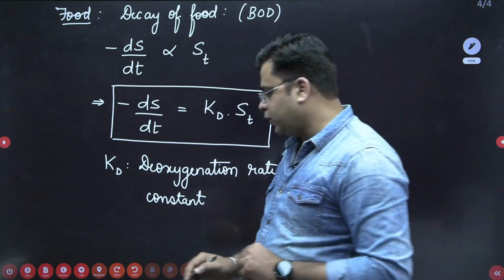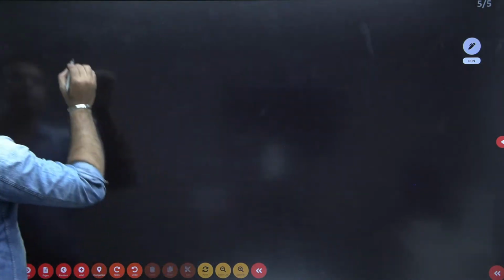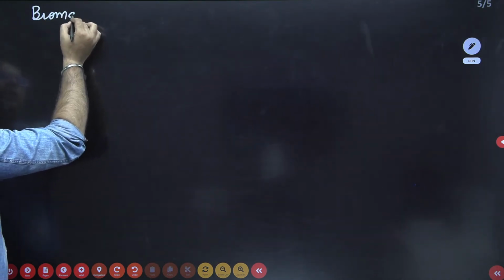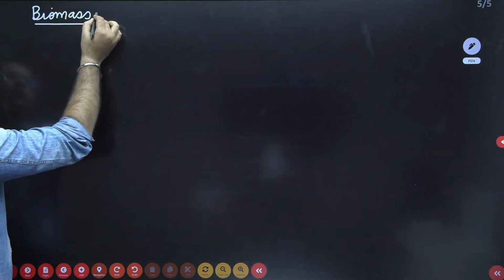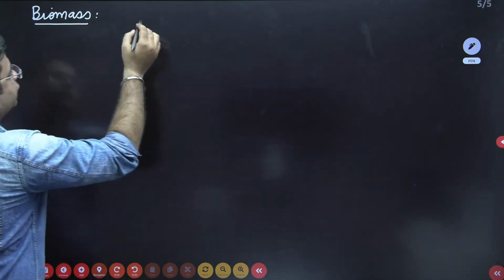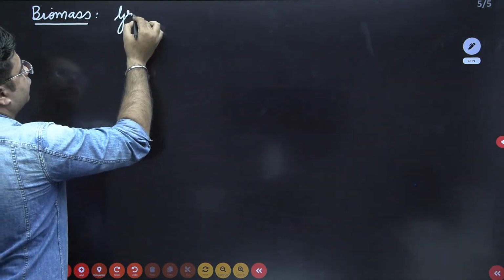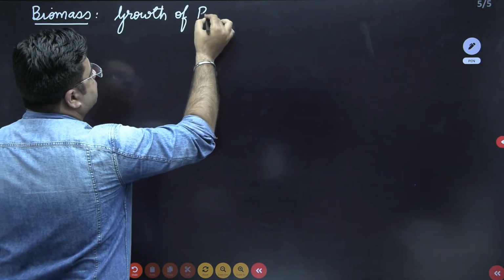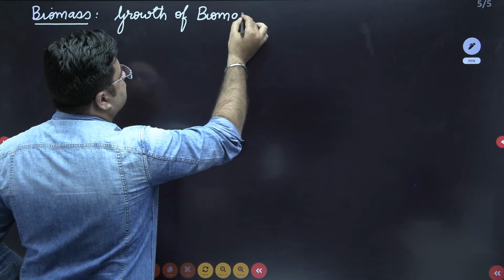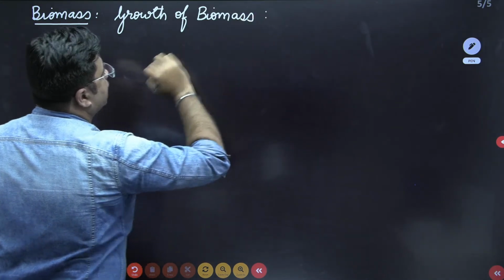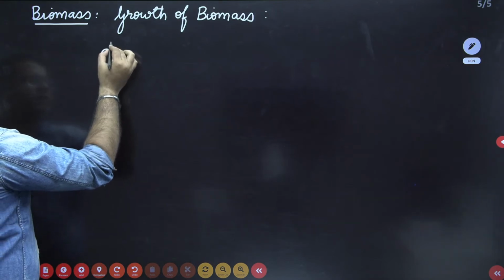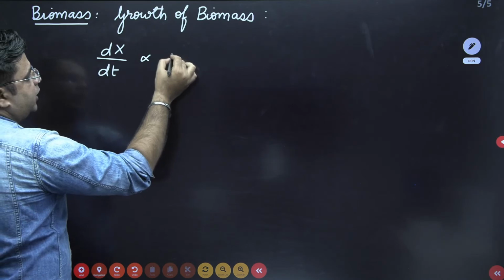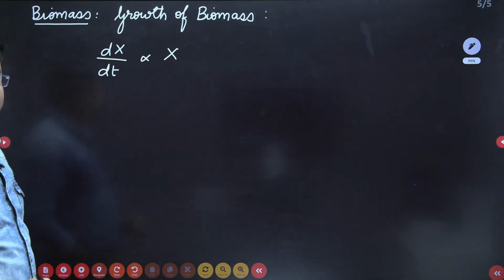Now the second one is for microorganisms, represented by biomass. First is growth of biomass. The growth of biomass, dX by dt, is directly proportional to the amount of biomass present in the system.